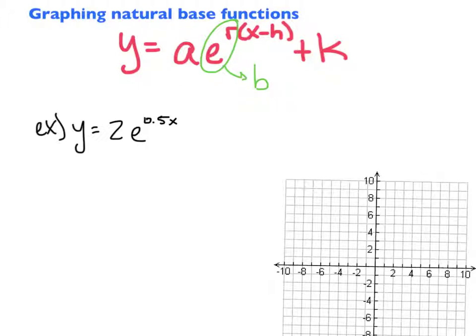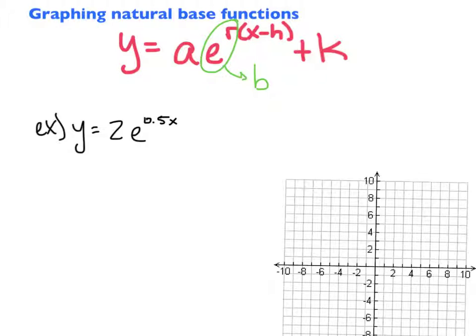Now, let's look at this example, y equals 2e to the 0.5x. Oh, sorry. Before we get into that, I want to talk about r a little bit more. We saw that growth is whenever the base is greater than 1. Well, anytime you raise e to a positive number, you'll get a number greater than 1.